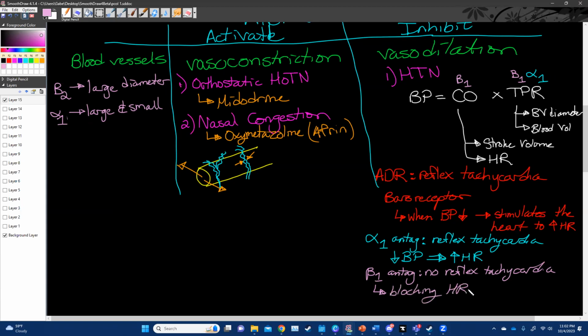They're already working directly on the cardiac myocytes. So we don't get reflex tachycardia with drugs like metoprolol, propranolol, labetalol, all your beta blockers, because we're blocking increases in heart rate anyways. So hopefully that makes sense.